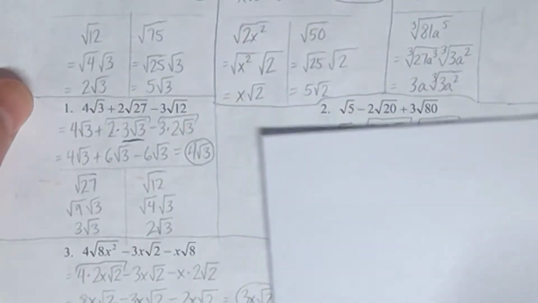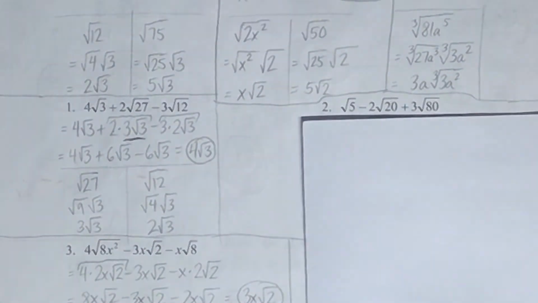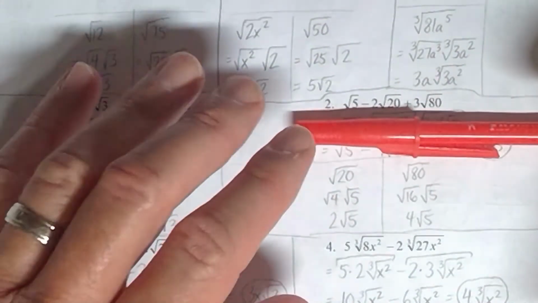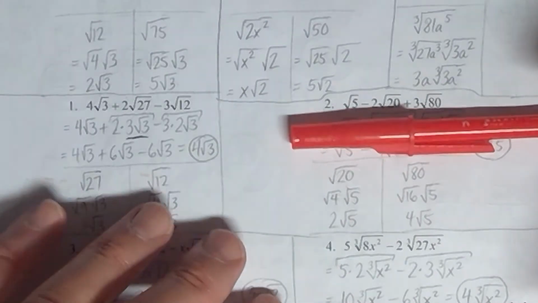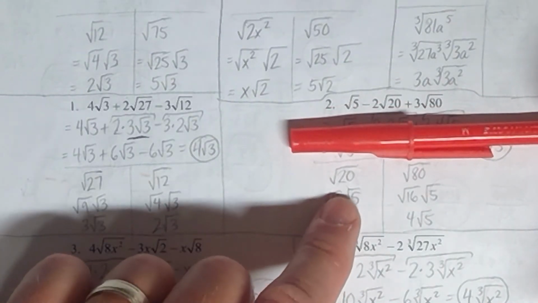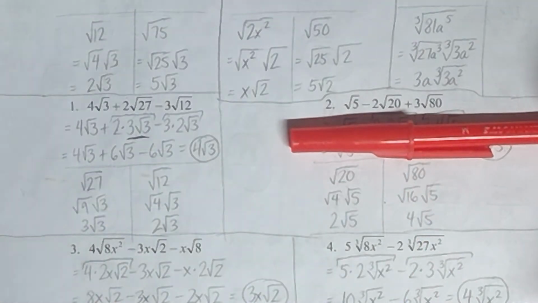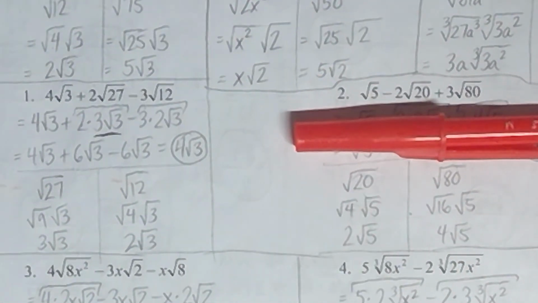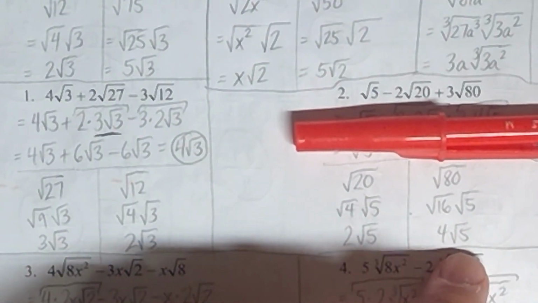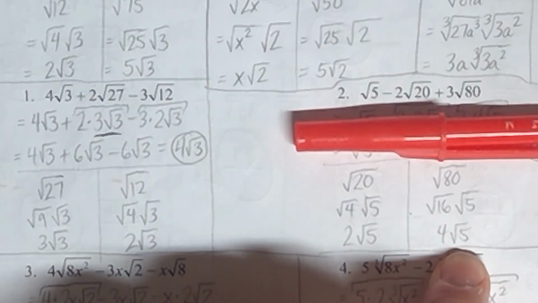Okay, number 2. Again, the 5 does not simplify. That's already simplified. You can't factor anything out of that from the perfect square list. But I can do 20 and 80, though. And I get 2 radical 5 for 20, 4 radical 5 for the 80.